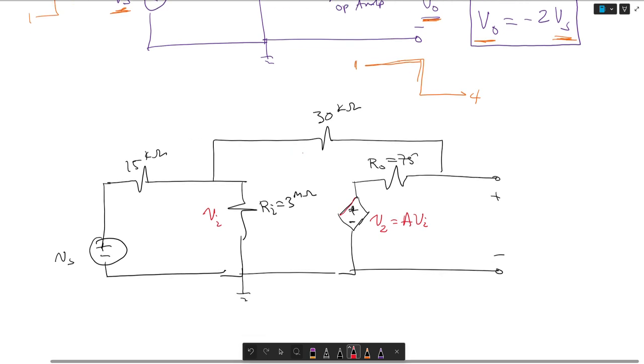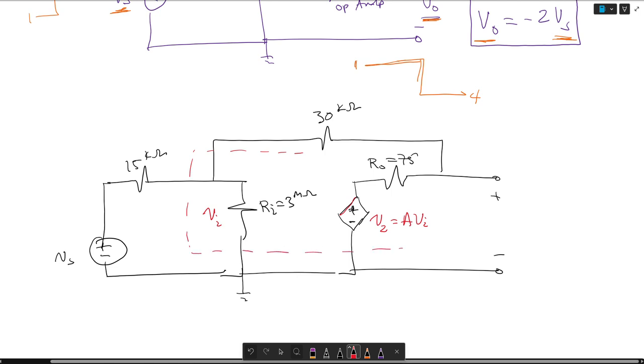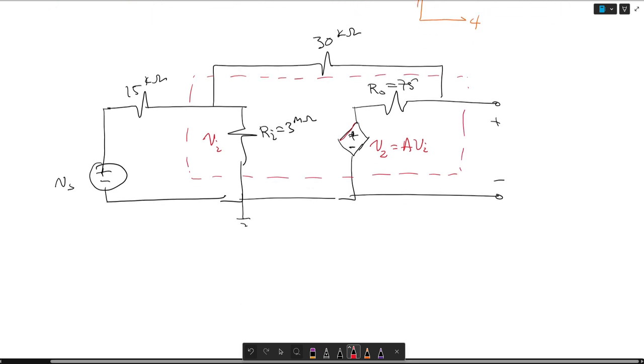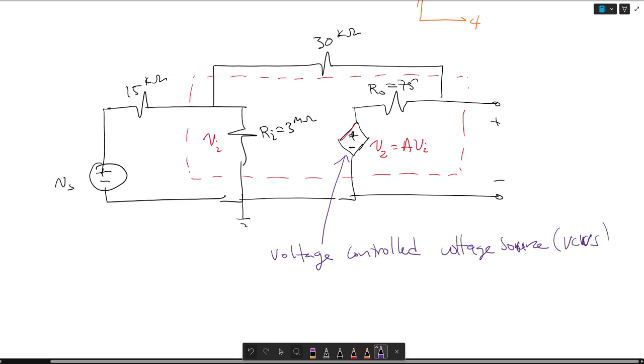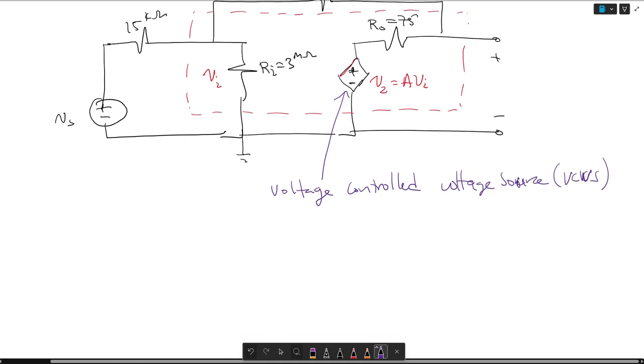So this is what's referred to as a voltage controlled voltage source, or VCVS, where the symbol looks like this.